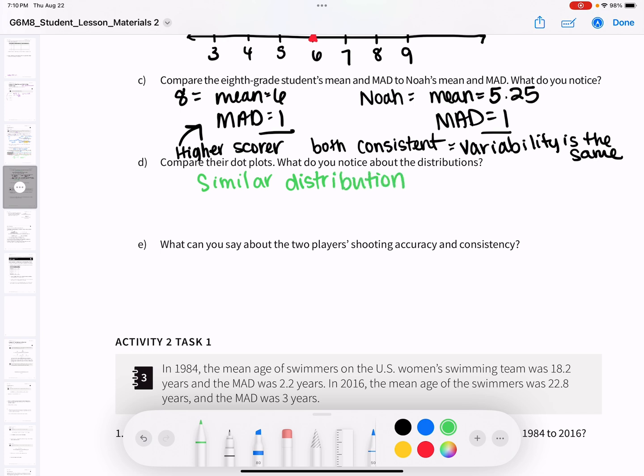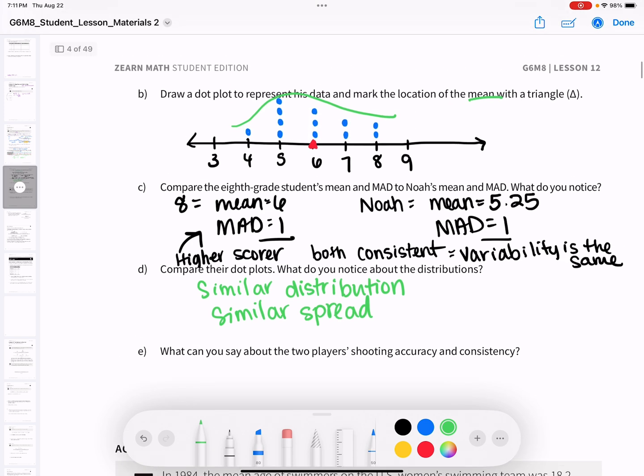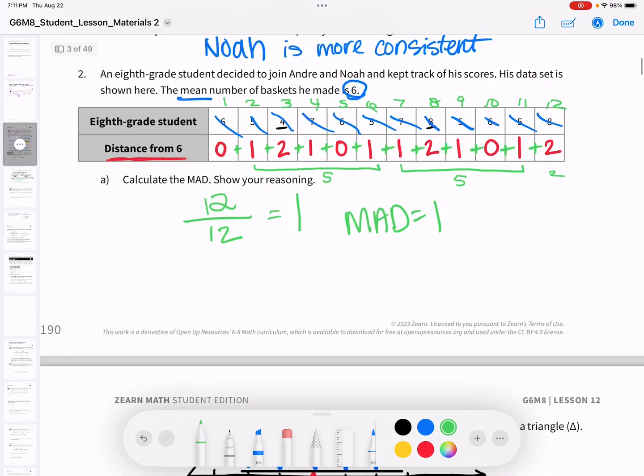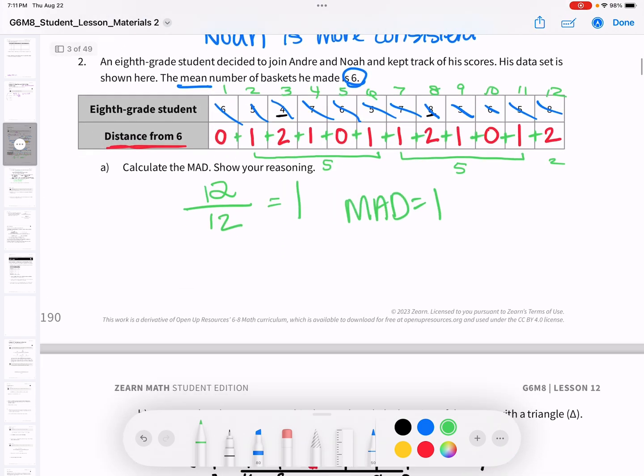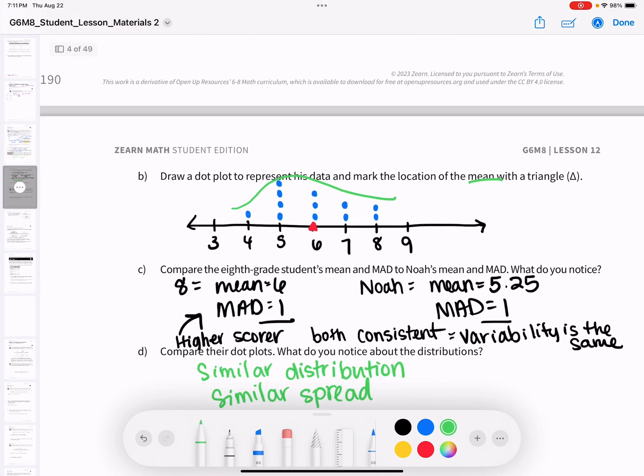And they have a similar spread. How do I know? Because their MADs are the same. Now, the 8th grader goes from 4 to 8, and Noah goes from 3 to 8. So Noah's slightly more spread out, but not very much more.